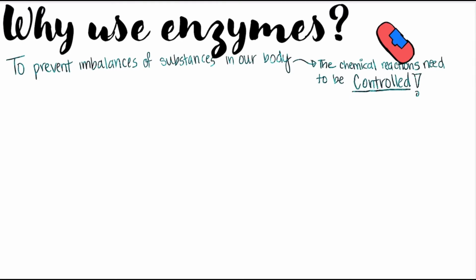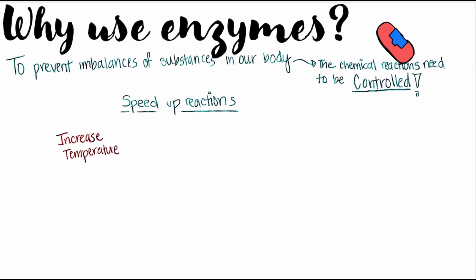You never want to have too much or too little of any of your chemical reactions. So oftentimes there is a need to speed up reactions. Now, we have two options if we want to speed up reactions. We can either increase the temperature or we can use enzymes.